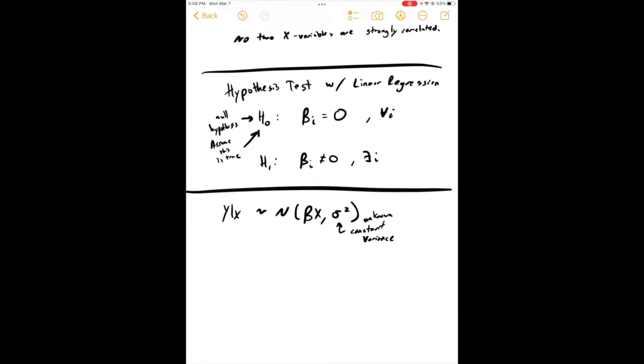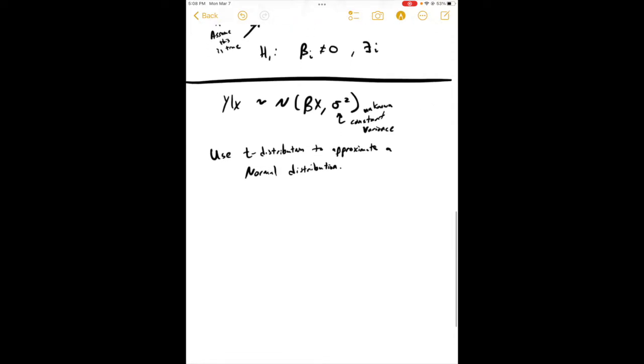And so in this case, what we're going to do is use a t-distribution to approximate a normal distribution. And the reason we're going to use that t-distribution is because it has fat tails.